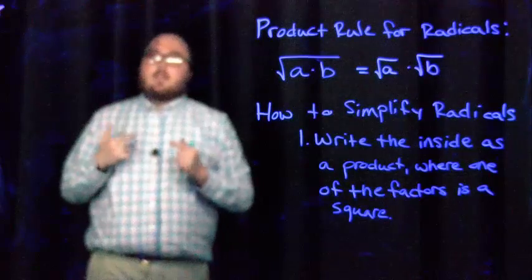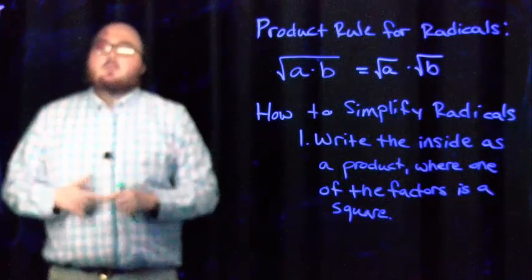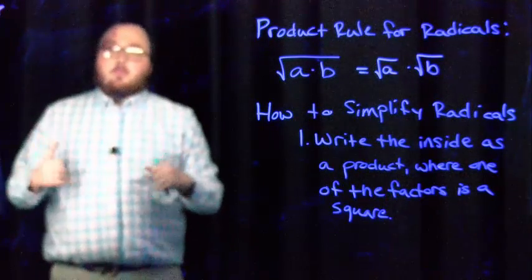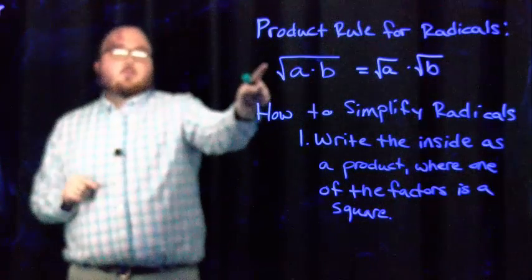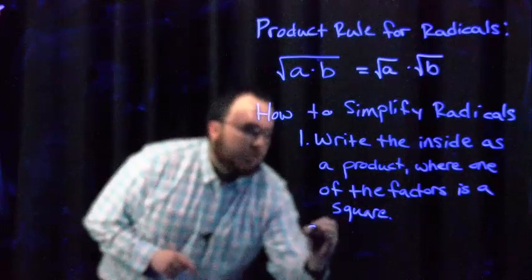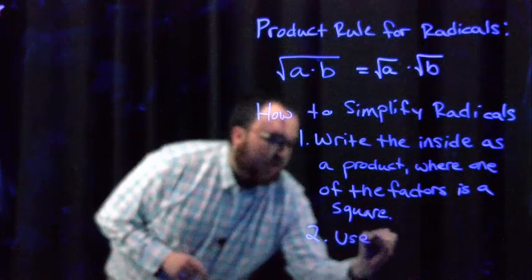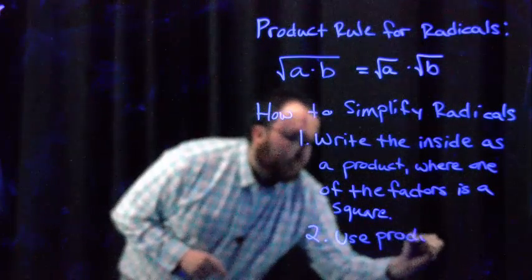We're going to rewrite the inside as a product so that one of the factors is a square. Once I do that, I split it up using this rule we just had right here. After that, use the product rule.